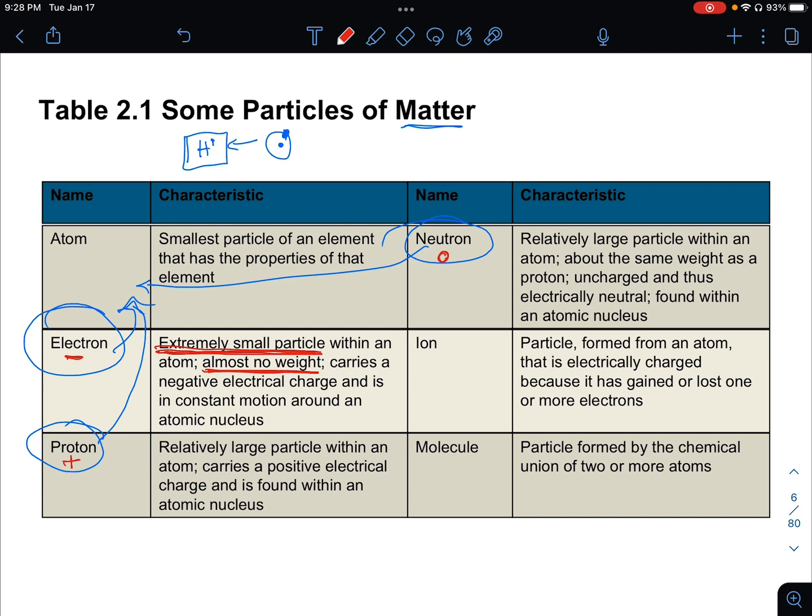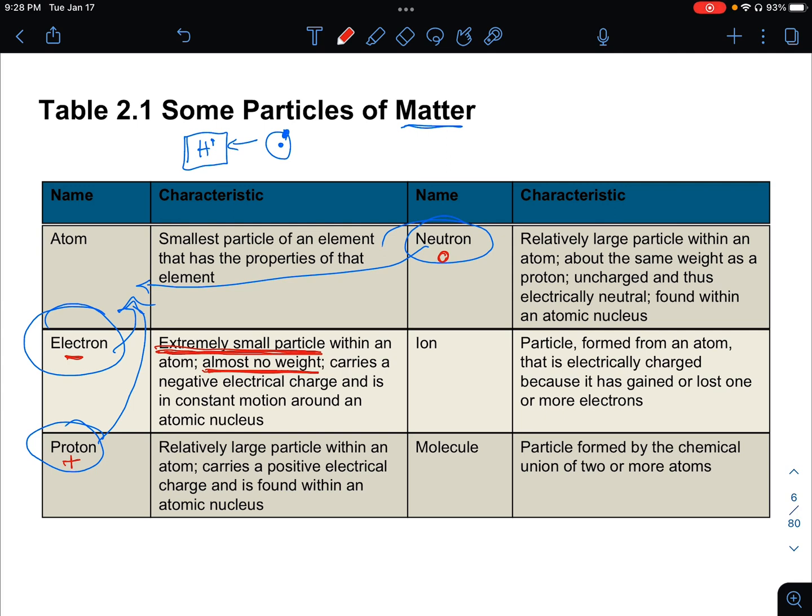We are never going to add the weight of the electron into the atom's atomic weight, because the electron is basically negligible in size. While it does have a negative charge and is very important for the reactivity of that atom, it is not going to be important for the weight of the atom.